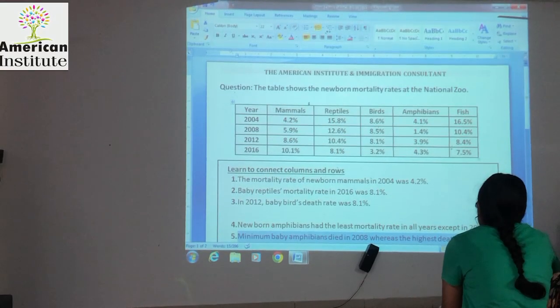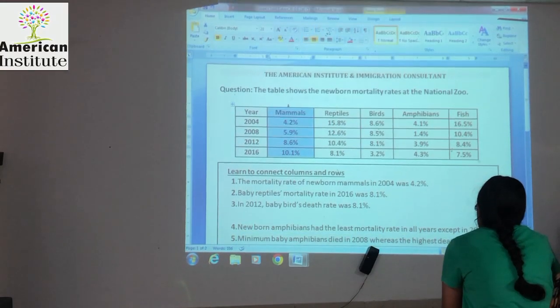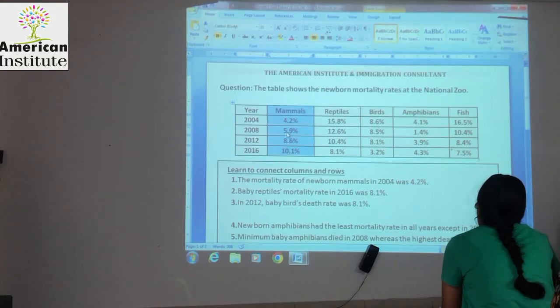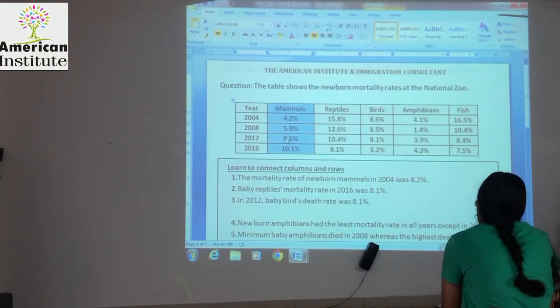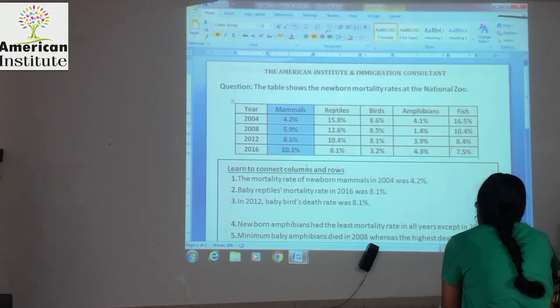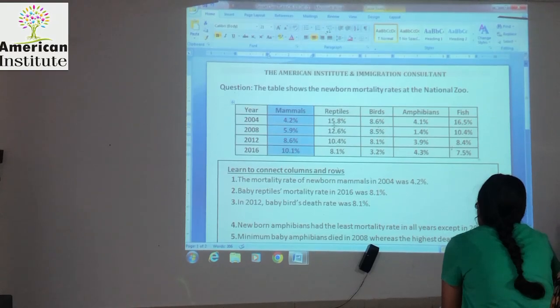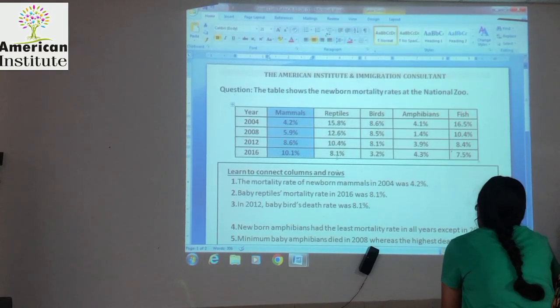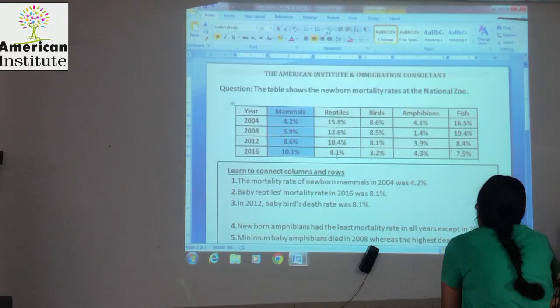Okay beta, look at the mammals data: 2004 4, 2005 5, 2008 5, 2012 8, 2016 10. It's increasing with the time. Okay, reptiles: 15, 12, 10, then 8. It's decreasing. Yes, ma'am.